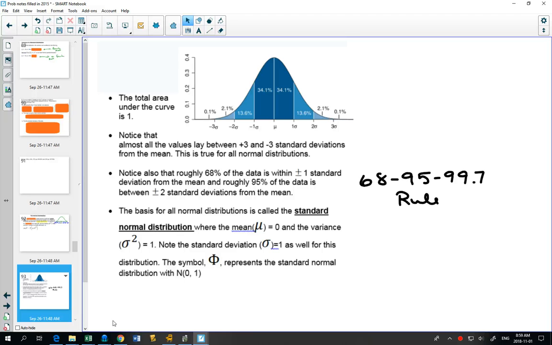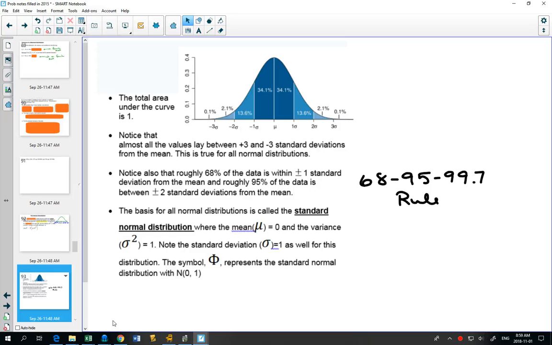Now, often they have this rule called the 68, 95, 99.7 rule. It is probably the most descriptive rule ever, because if you know the name of the rule, you know what it means. The 68 means that if you are between one standard deviation above and below, that area is approximately 68.